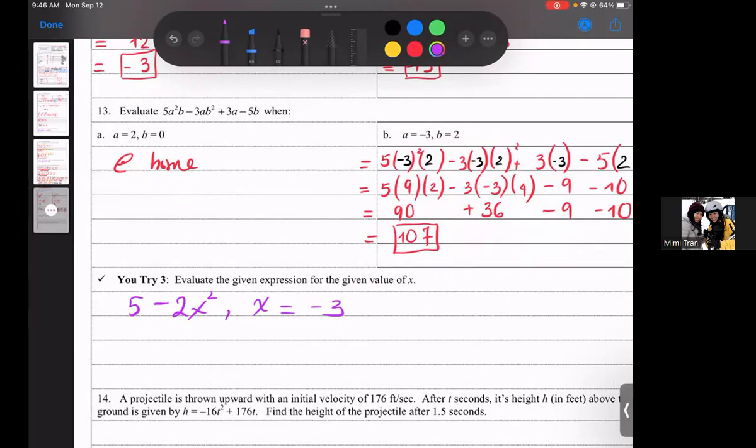I can check it here. It's faster actually. Don't put it in there yet. I just want to double check.